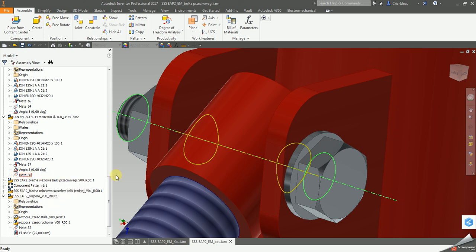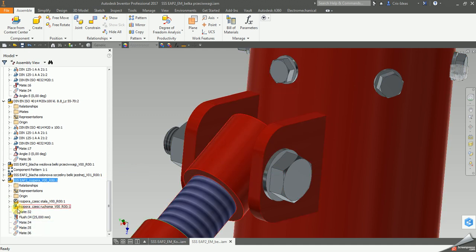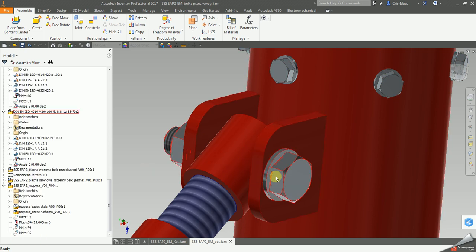It does not indicate, although mathematically this solution is exactly the same, because this is constrained with the hole in this plate. So basically this axis is the same as the other axis. So this axis is perpendicular to this plane, and this constraint mathematically is exactly equivalent to the other one.